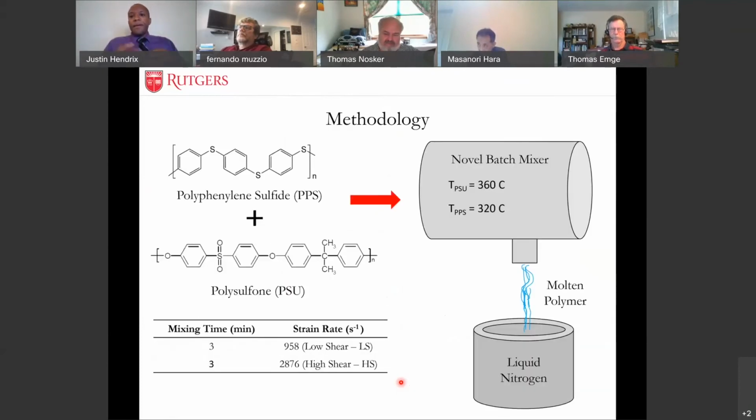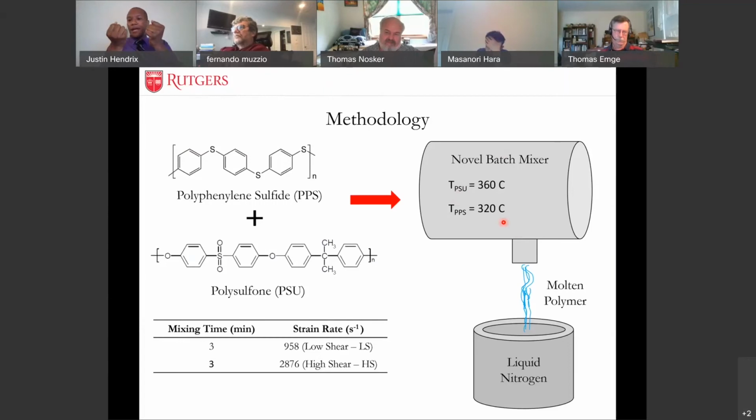Now, it starts by using the same extensional mixer used previously. This is done at their processing temperature. So it's 360 degrees Celsius for polysulfone and 320 degrees Celsius for polyphenylene sulfide. It's allowed first under both high shear, which is HS, and then low shear, which is LS.